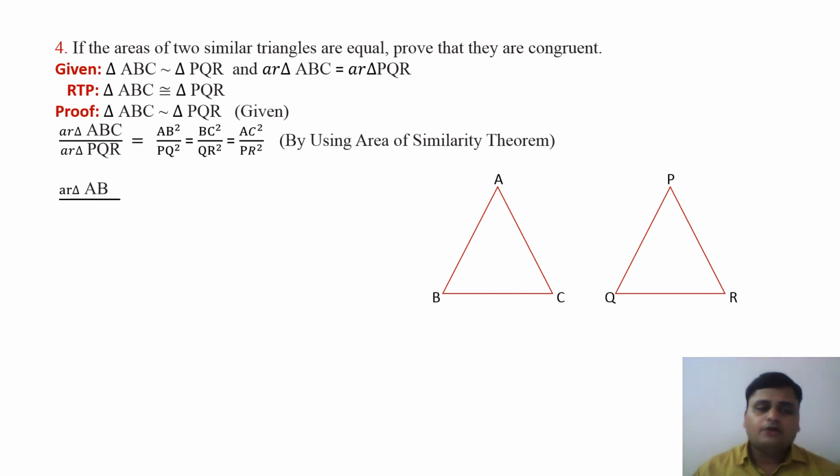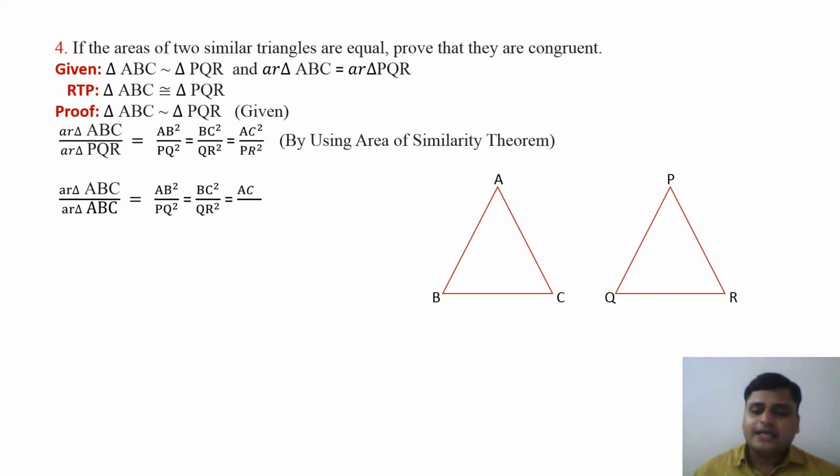Now here it is given in the question that area of triangle ABC and PQR are equal. So replace area of triangle PQR by ABC. The rest as it is. That is AB square by PQ square, BC square by QR square is equal to AC square by PR square. And what we use here?